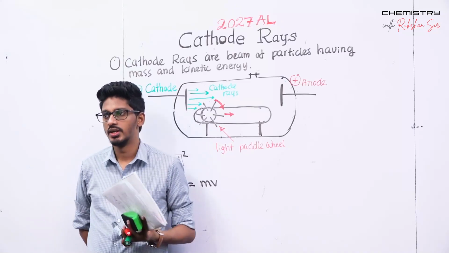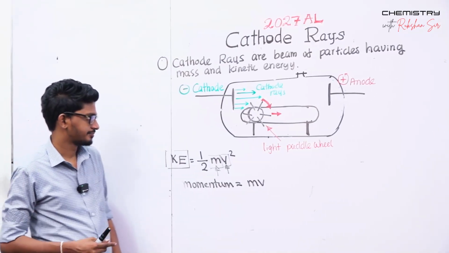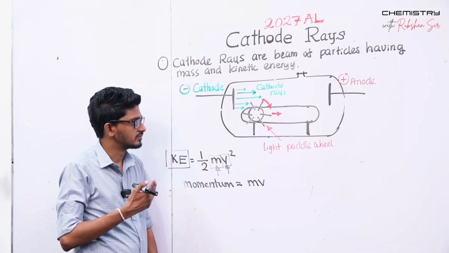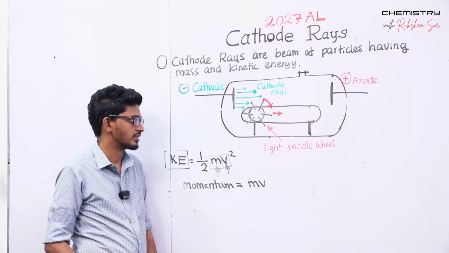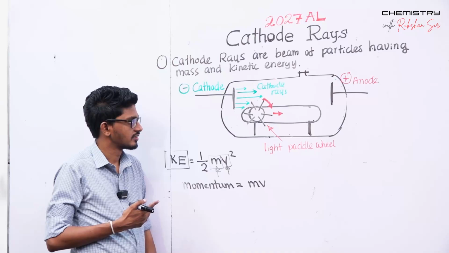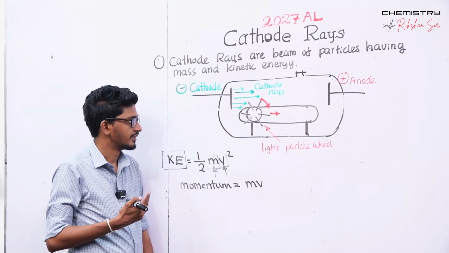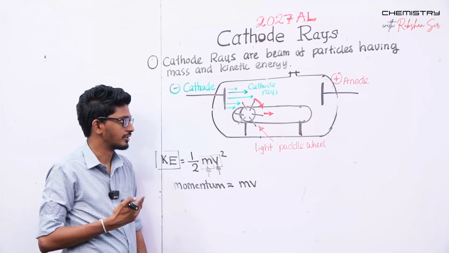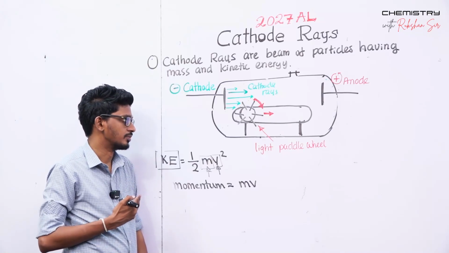So let's discuss a bit about that idea. What I have earlier discussed is one conclusion scientists have made with this observation. But another bunch of scientists are arguing that this rotation of the paddle wheel is not because of the cathode rays, but because of heating of the tube.